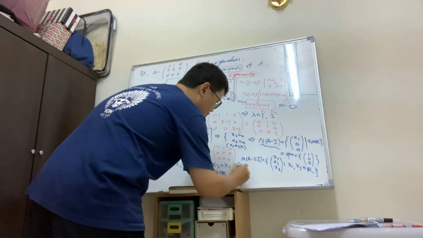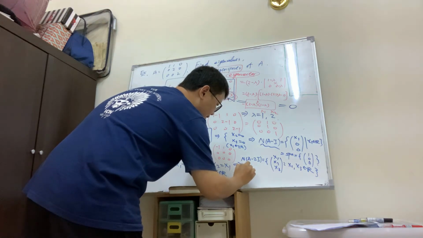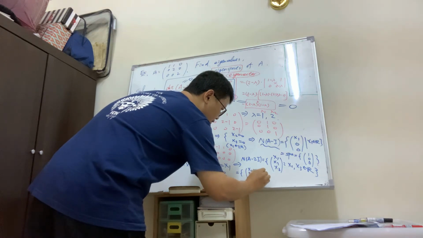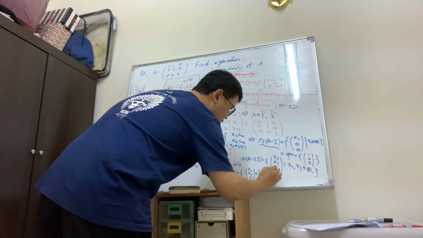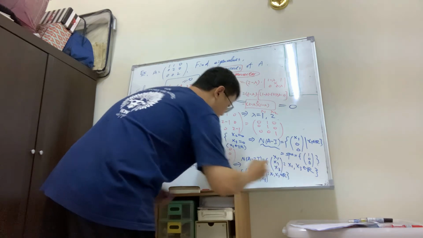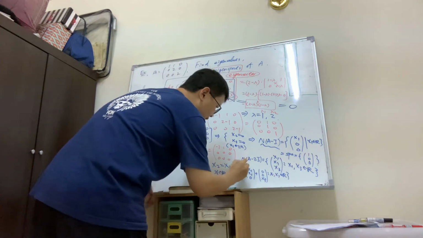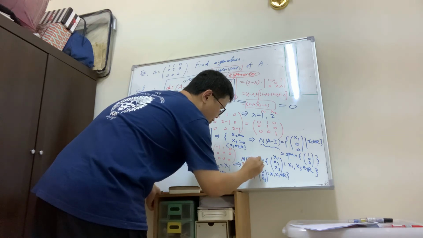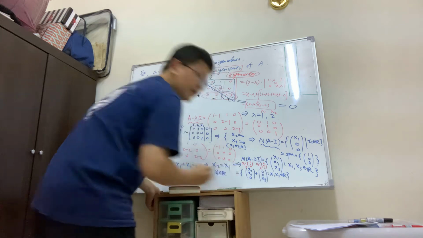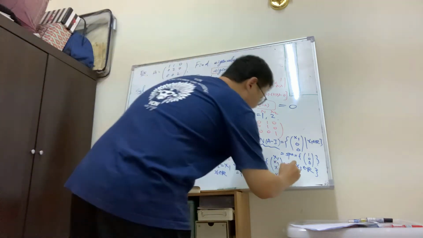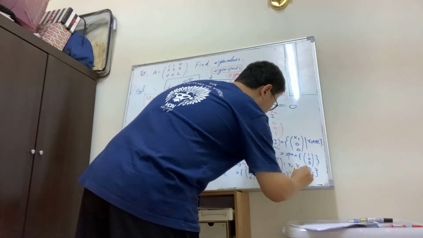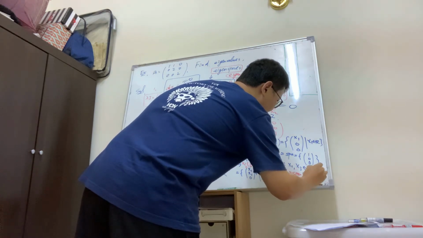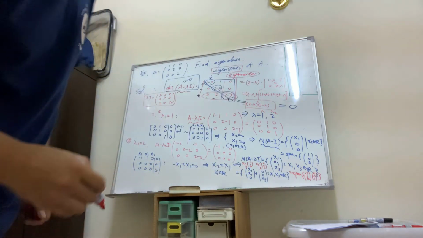And for this one, you could rewrite it this way: (s1, s1, 0) plus (0, 0, s3), where s1, s3 is any real number. But what's this? It means s1 times (1, 1, 0), and s3 times (0, 0, 1). So finally it's the span of (1, 1, 0) and (0, 0, 1).